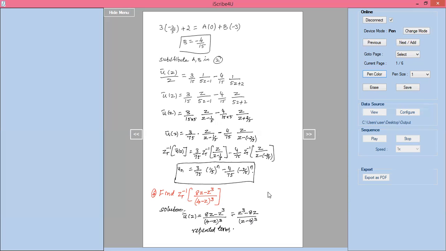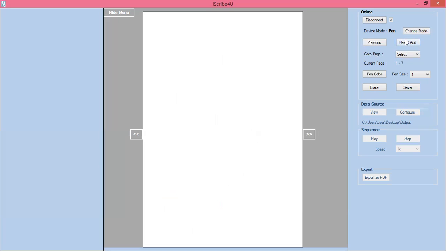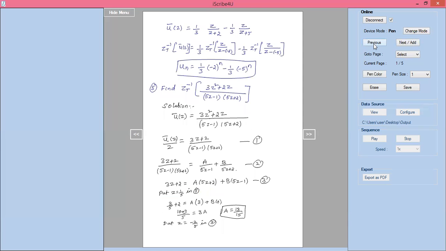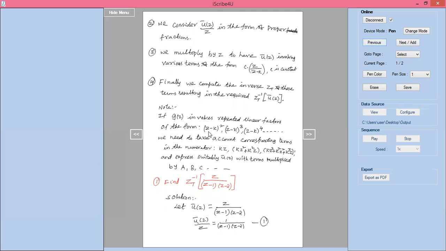Already I told how to write it. In previous cases, see, I'll show here: when repeated terms come, z minus k whole cube comes, we write k z square plus k square z, like this.